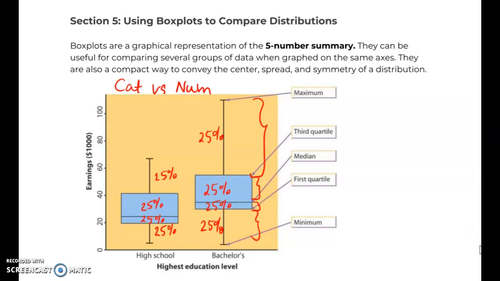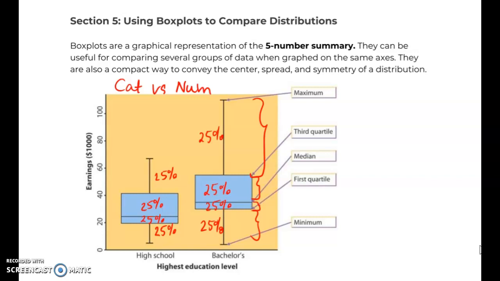Now, when we're comparing two groups like this, high school and bachelor's, we are looking at the overall picture, right? What's the difference between the average income of someone who completed high school versus someone who completed a bachelor's degree? That's definitely important over here, and we can see that the median income for someone with a bachelor's is higher than the median income for someone who just completed a high school degree.